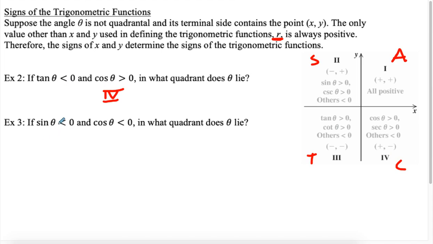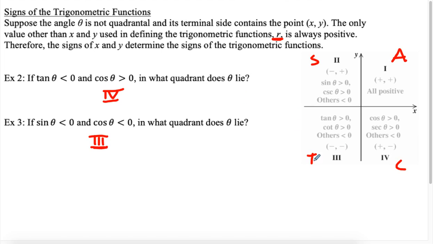In our second example, sine is negative and cosine is negative. Okay, so sine being negative means the y value is negative, and cosine being negative means the x value is negative. That means we would have to be in quadrant 3.